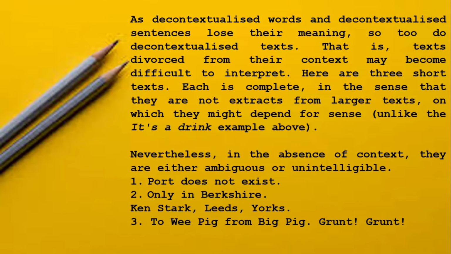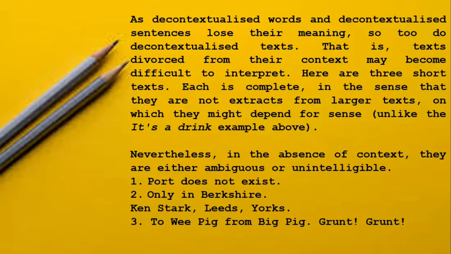Here are three short texts. Each is complete in the sense that they are not extracts from a larger text on which they might depend for sense, unlike the it's a drink example above. Nevertheless, in the absence of context, they are either ambiguous or unintelligible.